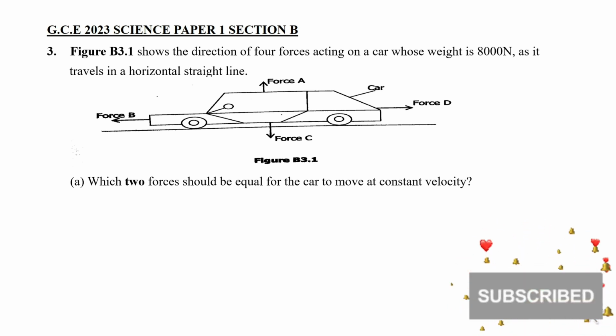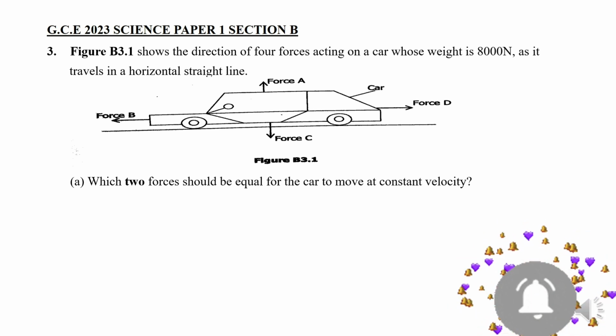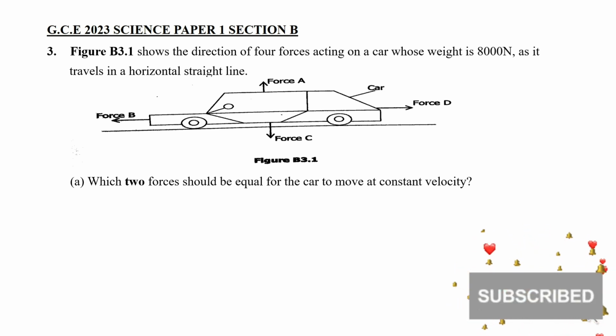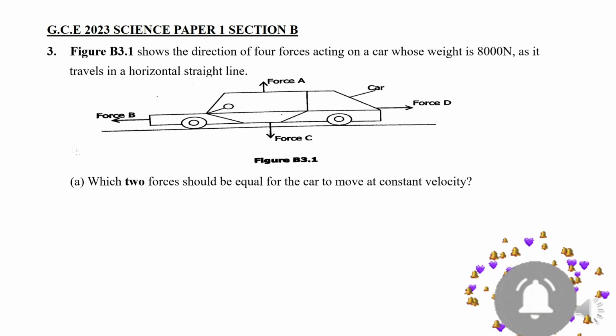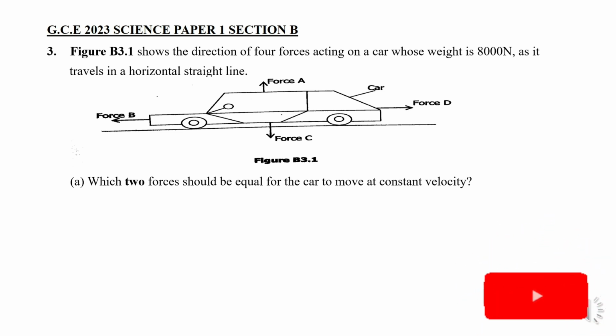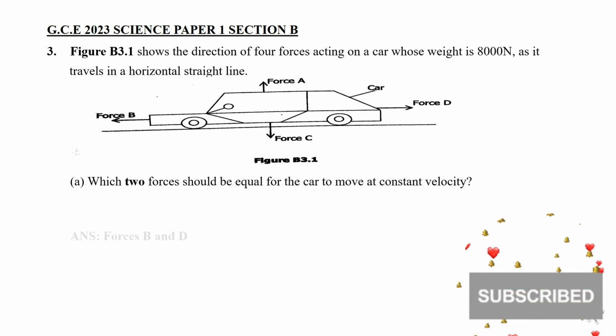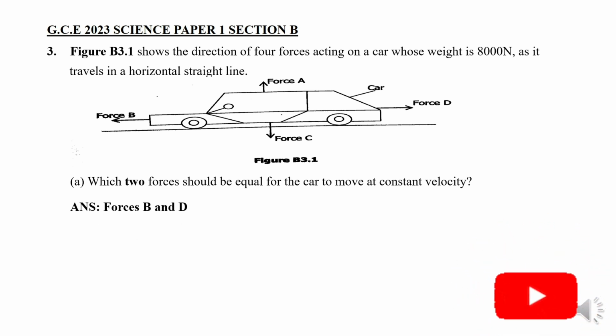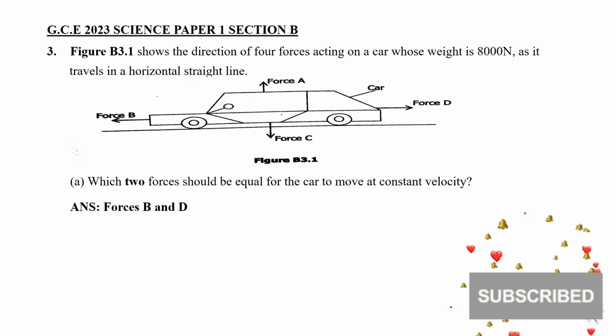If a car is moving at constant velocity, meaning there is no acceleration, which two forces are supposed to be equal? There is the friction force as well as the driving force. So we are saying force B and force D are supposed to be equal.